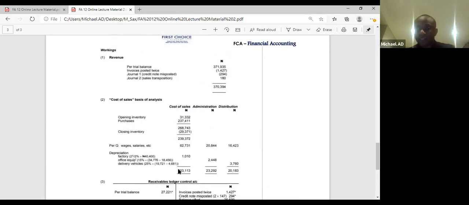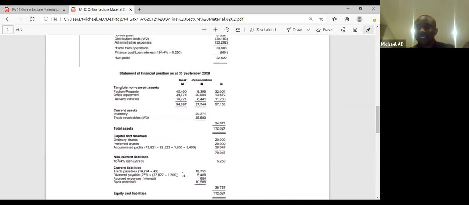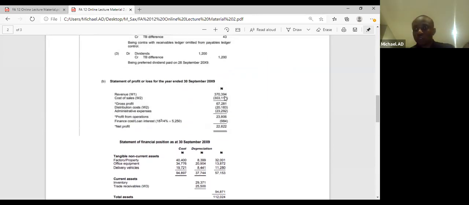By the time you add everything together, you have 303,113 naira. This figure is what you are subtracting. By the time you subtract it, you have 67,281 naira.